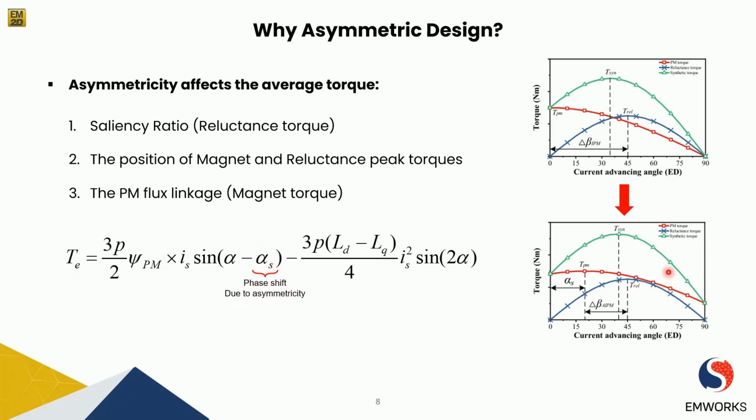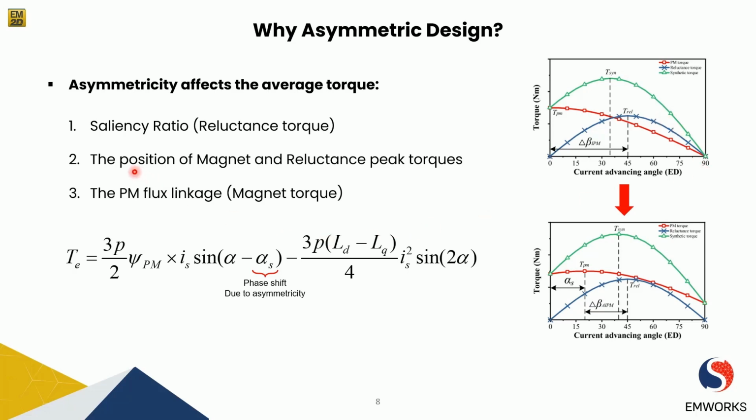This is what happens here. First, we can change the saliency ratio by applying asymmetricity to the topology, to the geometry, and we can change inductances, right? And we can play with the amplitude of the reluctance torque.